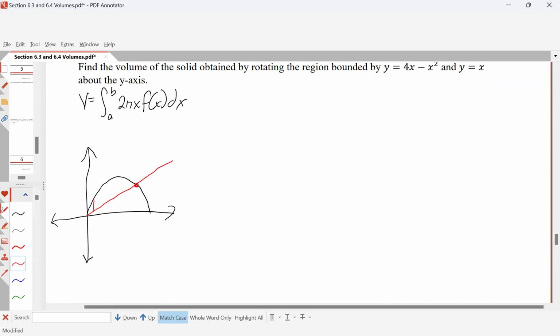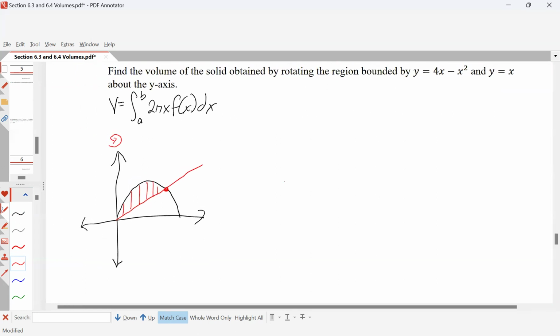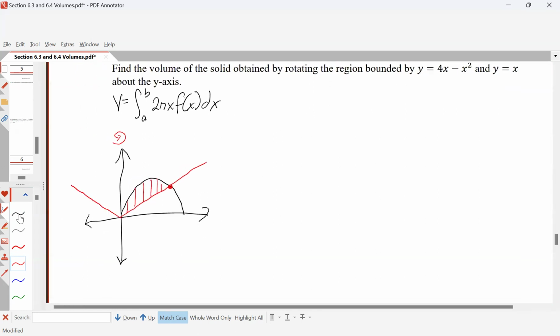So we're taking this area and rotating it about the y-axis. So we're creating, kind of similarly to one of the last problems, a cone-like shape on the outside with these curved inside edges going around the y-axis. In a previous problem, we saw these functions exactly, and the intersections are at 0, 0, and 3, 3. You can find that by setting 4x minus x squared equal to x and solving.